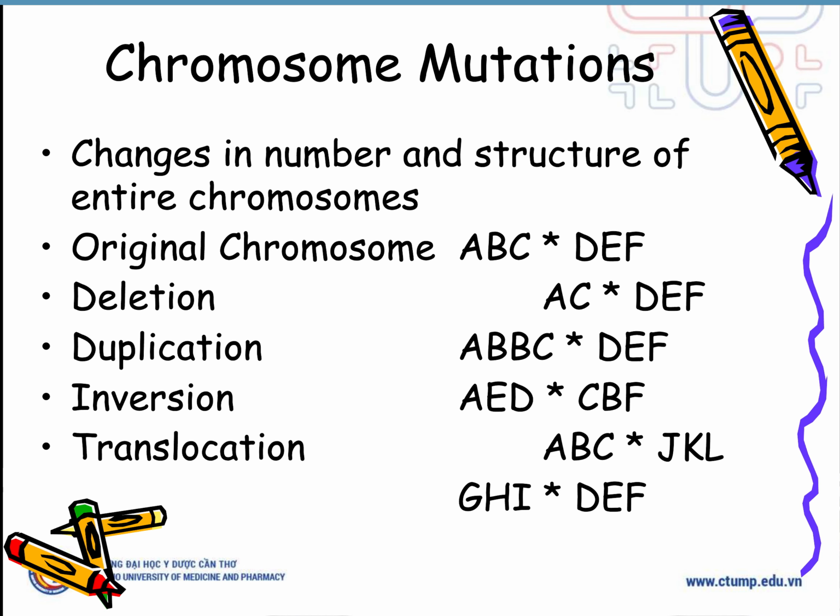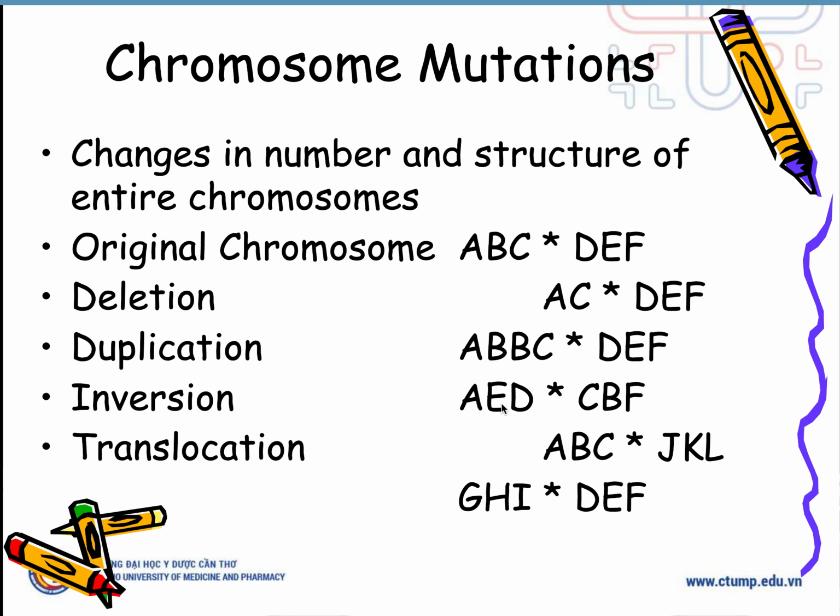And so for the four main kinds, deletion, duplication, inversion, and translocation, this is a sample for you to see the chromosome with the centromere. They have the symbol like this. For deletion here you see they have deleted the B segment, and for duplication they have duplicated B. And how it can happen I will show you later.